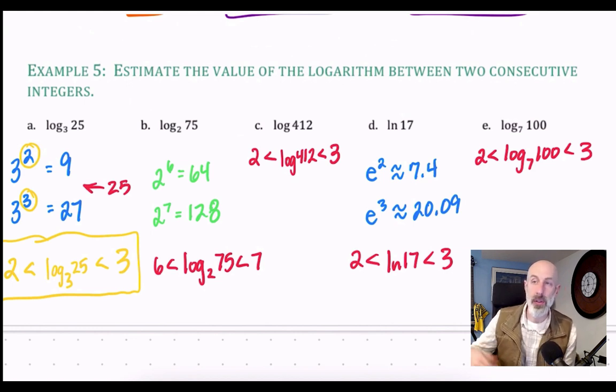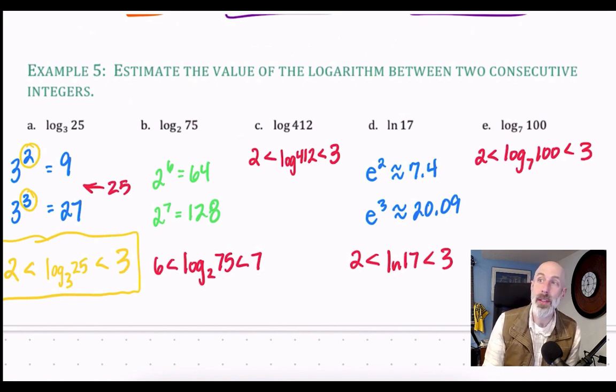Example B shows how we can use higher powers. I'm using 2 to the 6th and 2 to the 7th, 64 and 128 respectively, and saying that 75 is in between those. So log base 2 of 75 should be 6 point something. It should be between 6 and 7. C, D, and E are all between 2 and 3.